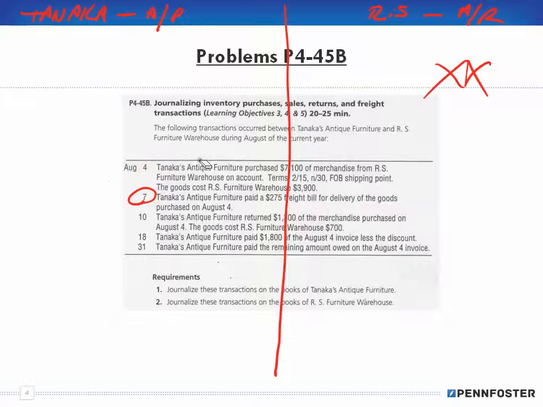But what I'm going to try to do here is, no, I'm not going to do it that way. As a matter of fact, I'm not even going to do RS, as I think about it.